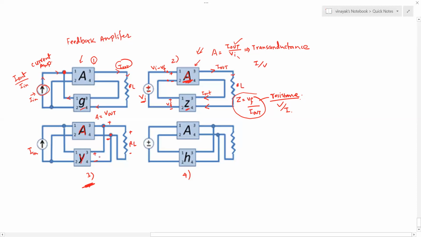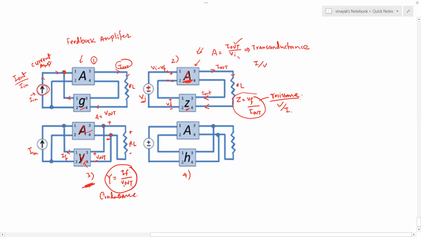The input here is V out, and the output of this block is IF. So Y equals IF divided by V out. This is the forward block, this is the reverse block. The gain of the feedback network is characterized by the ratio of current over voltage, so it is called a conductance.